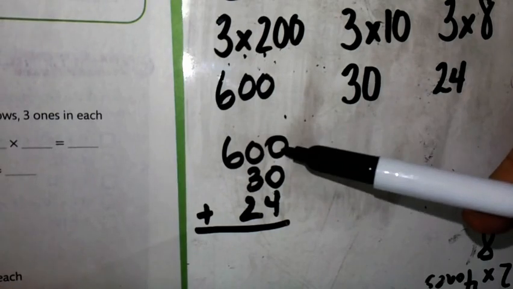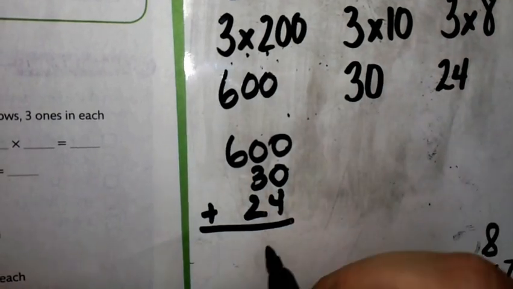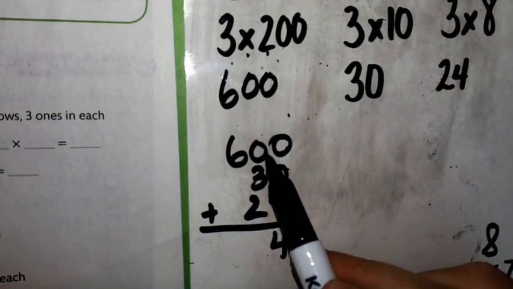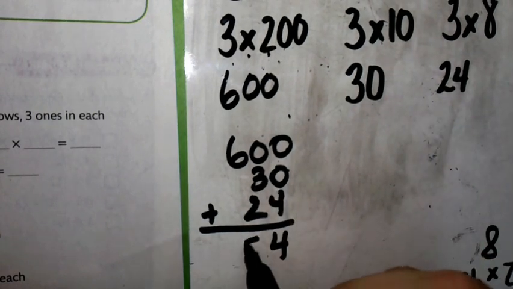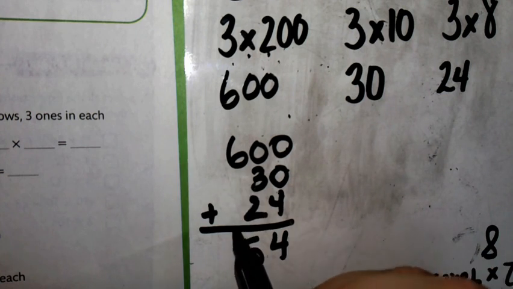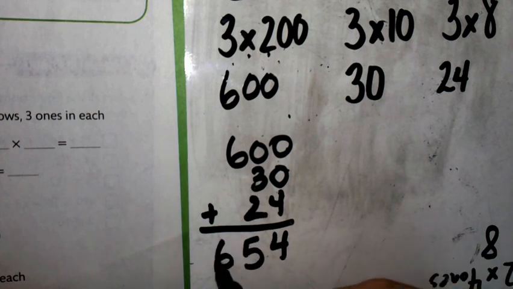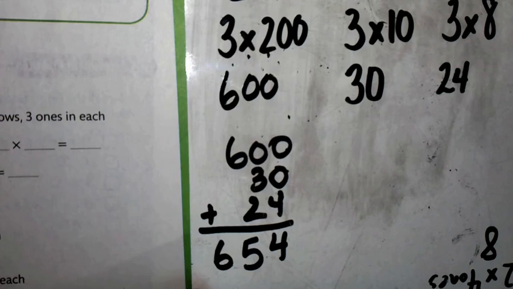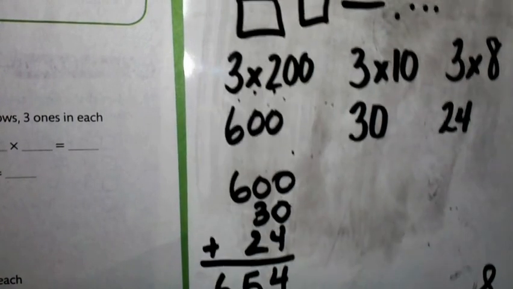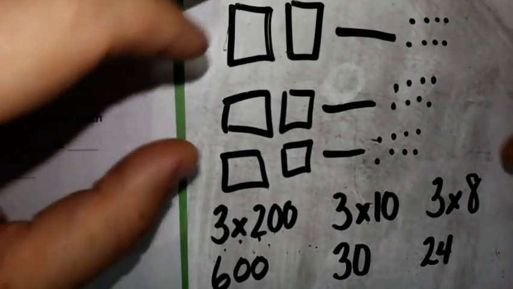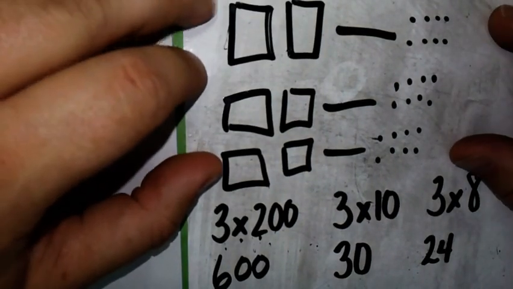So take a look here. 0 plus 0 plus 4 is 4. 0 plus 3 is 3. Plus 2 is 5. And then 6 plus 0 is 6. So my final answer here is going to be 654.